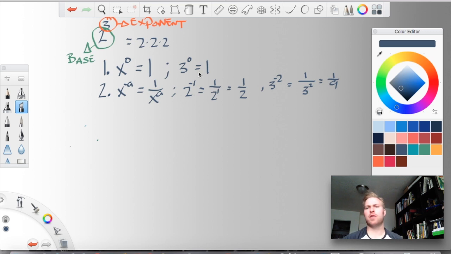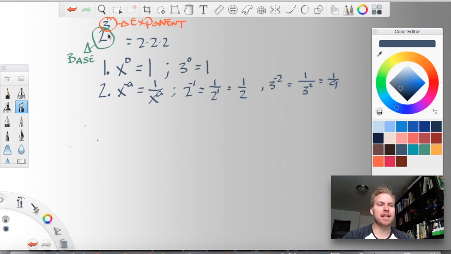And that should make sense to us, by the way, because when we have positive numbers, our exponents are telling us how many times to multiply. And if we have negative numbers, which are the opposite of positive numbers, shouldn't we then do the opposite operation of multiplication? Well, what's the opposite of multiplication? Division, right?